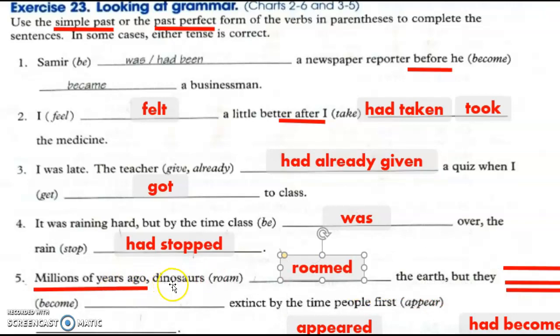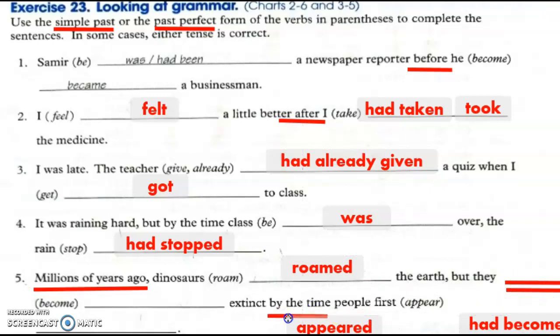Millions of years ago, dinosaurs roamed the earth. But they become extinct by the time people first appear. Here, which clue can give us an idea about when the action occurred?